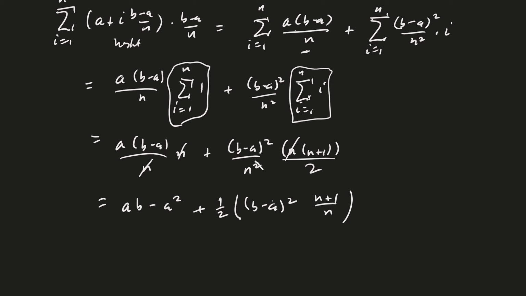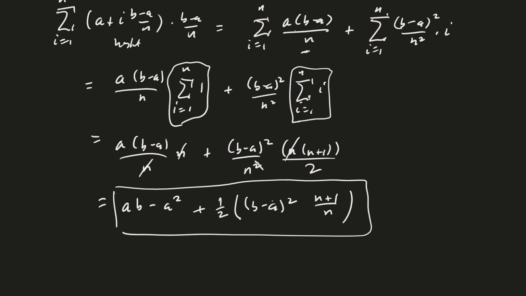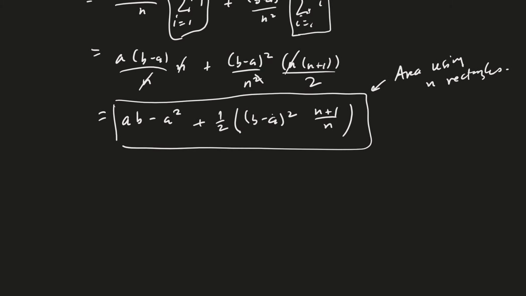Now what does this quantity represent? This is the area using n rectangles. Good. So how do I find the exact area? It's going to be the limit as n goes to infinity of a sub n, which in this case we only have one place where n appears, which is right here, and that limit is just going to be equal to 1 as n goes to infinity.